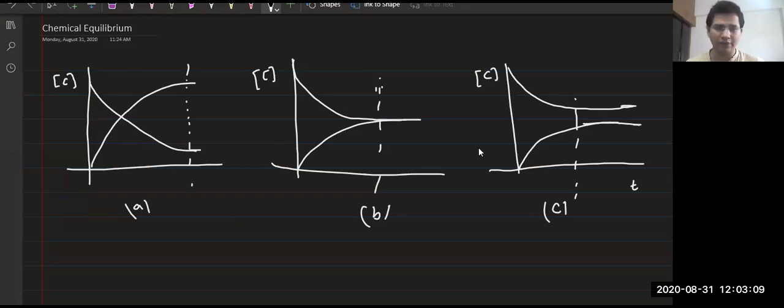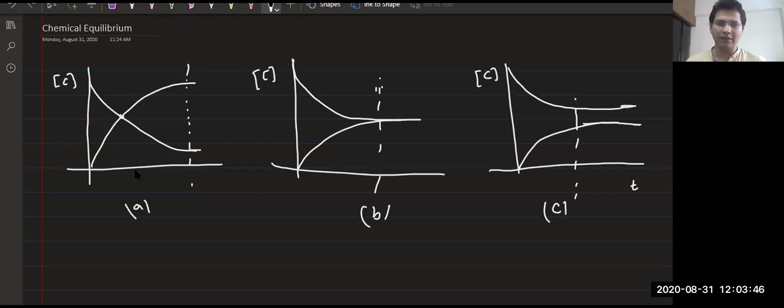Try to understand the graph here. The concentrations of A and B are changing, but they will be equal at a point before equilibrium. It is not necessary that the concentrations of reactant and product are equal at equilibrium. That's what these three graphs tell us: it can be equal, it may be unequal.